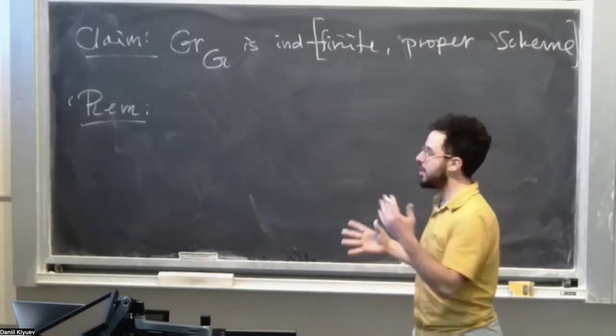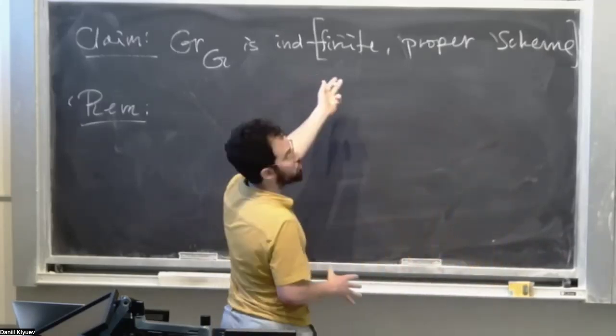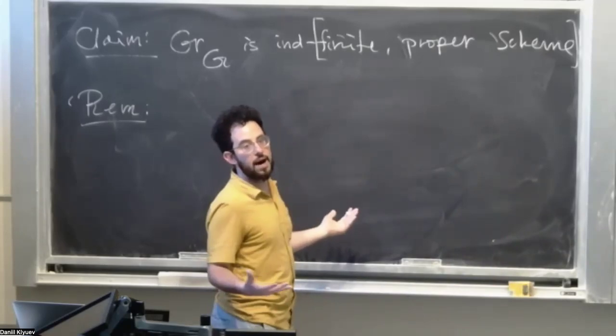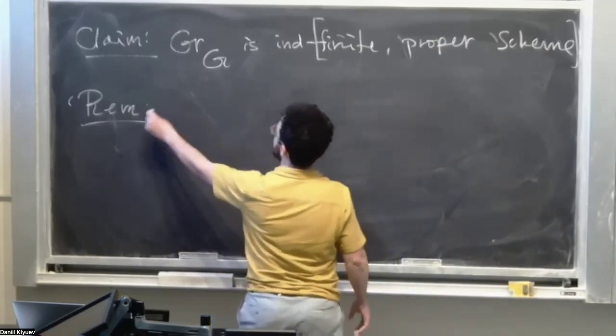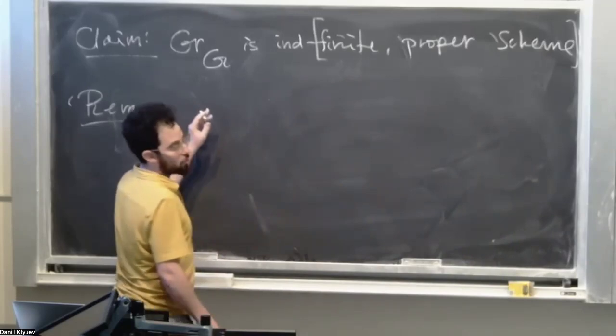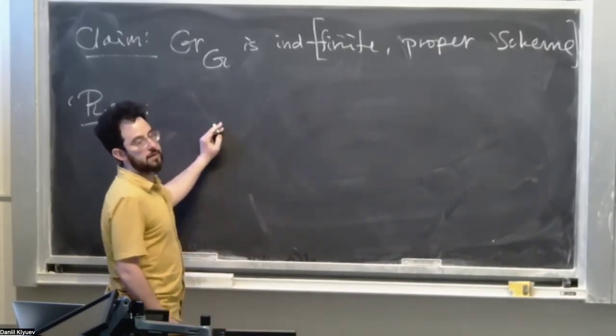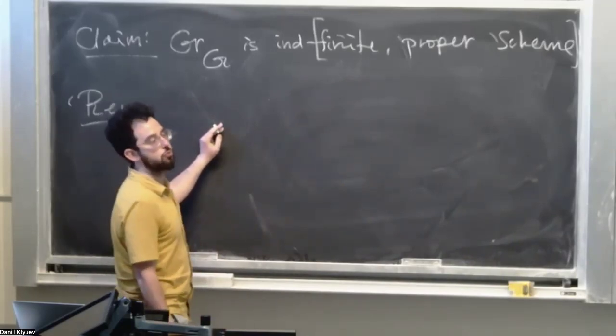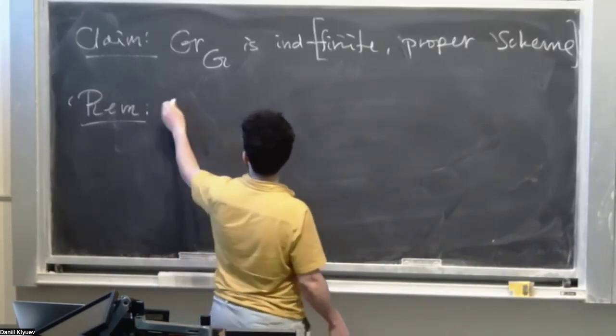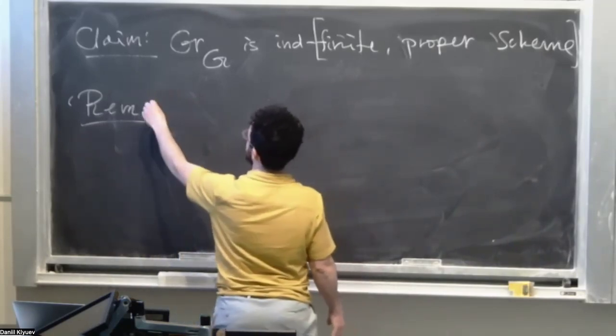It was very important. And here we are moving to the loop group. So why is there even a chance here? The reason is that the loop group, or a variant of it, will behave very similarly to a reductive, semi-simple group.